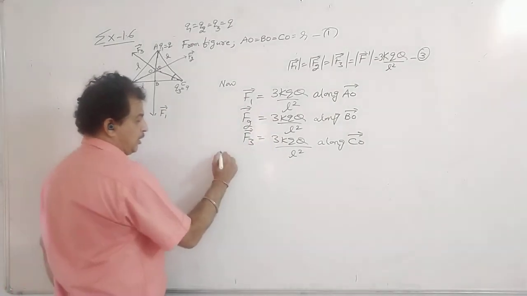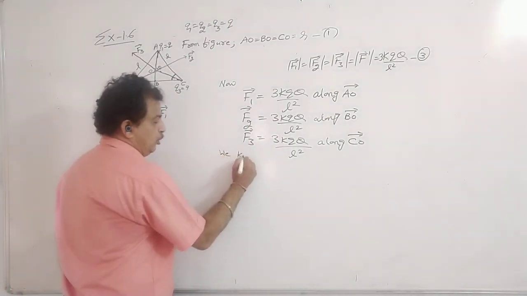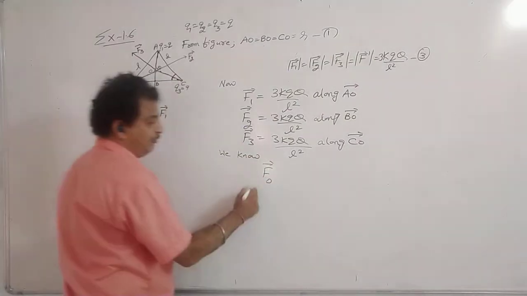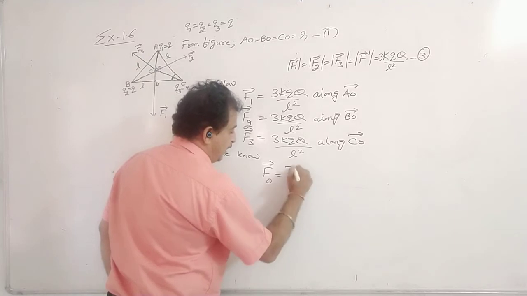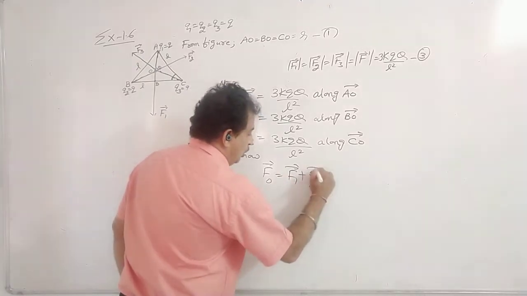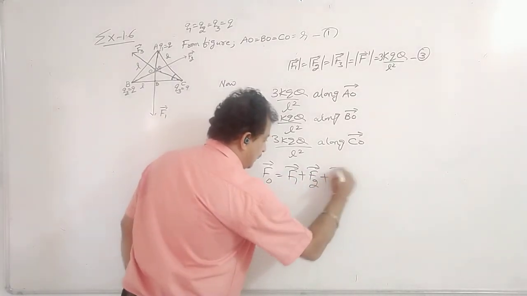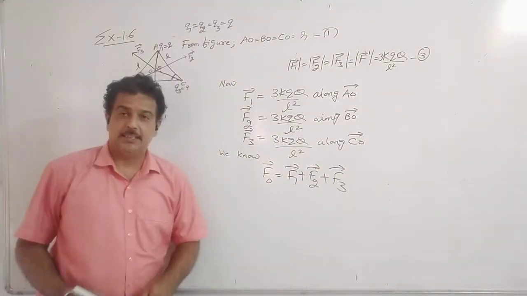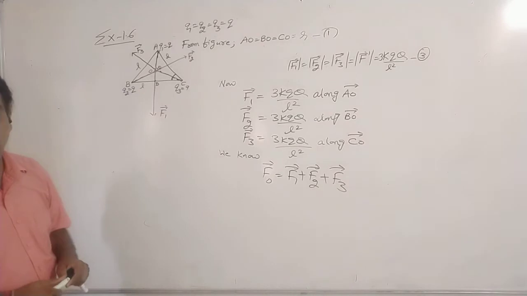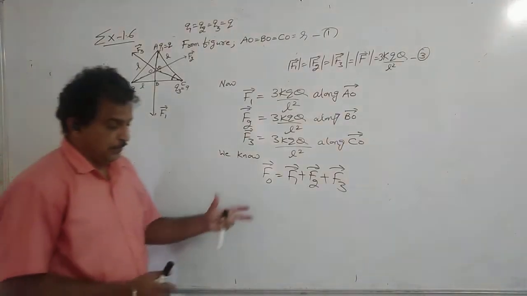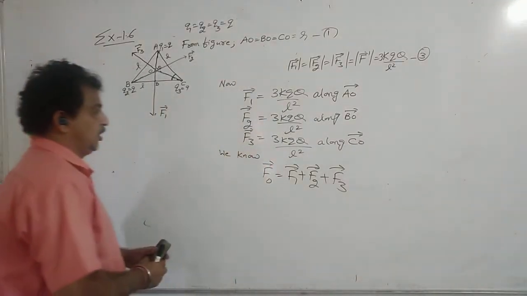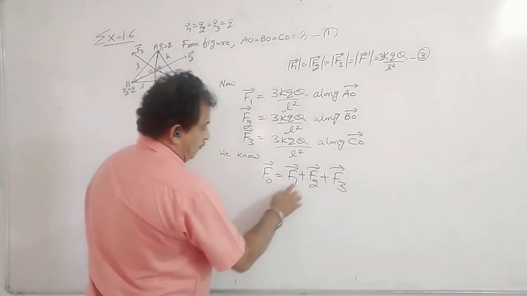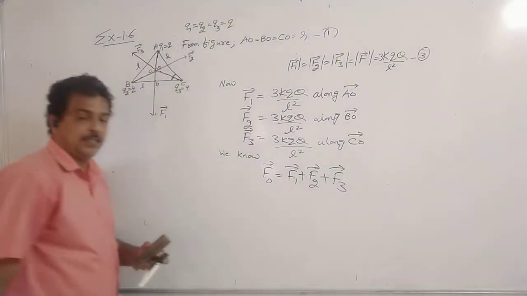Applying the superposition principle, we know the force acting on the centroid, let us name it F0, will be equal to F1 plus F2 plus F3. This is what we have to find. This is given in the question, find out the resultant force. So now you have to consider the direction and apply the superposition principle, which in vector form I have written.